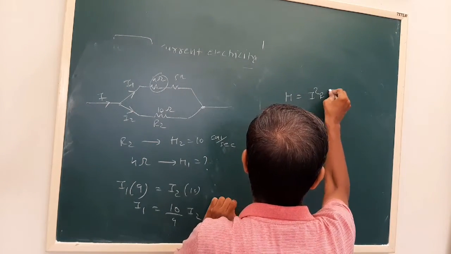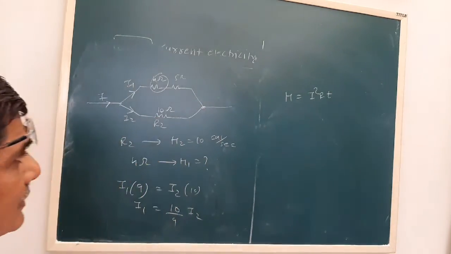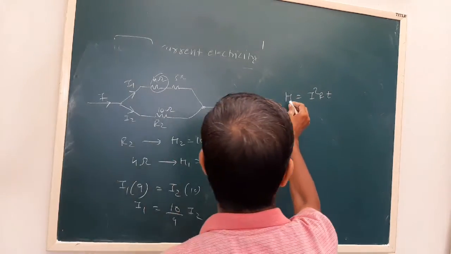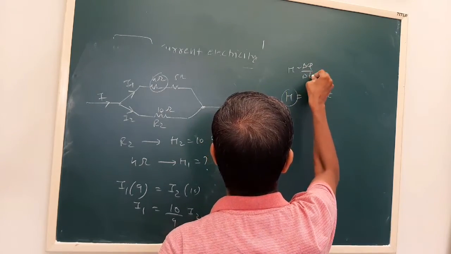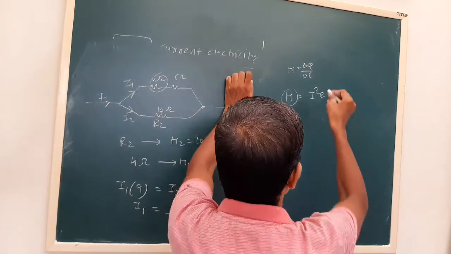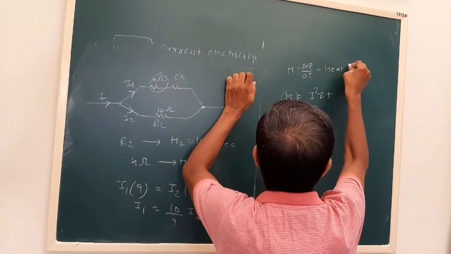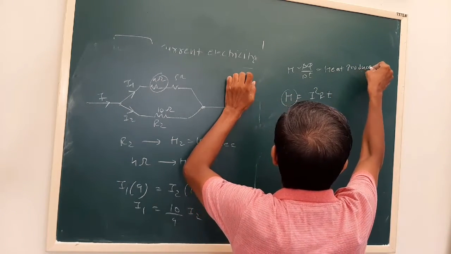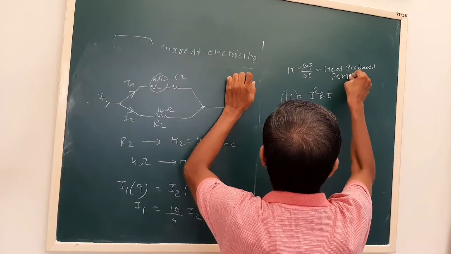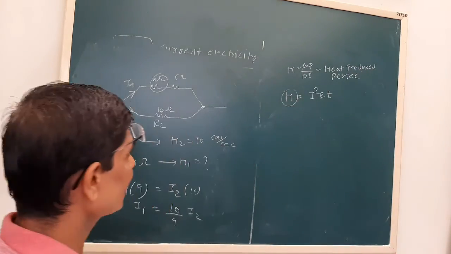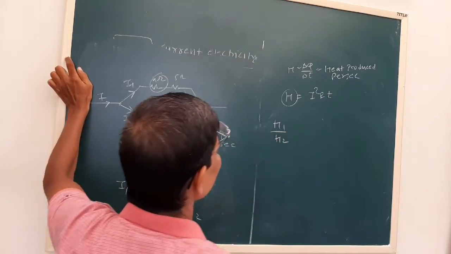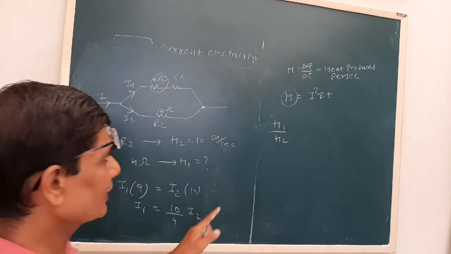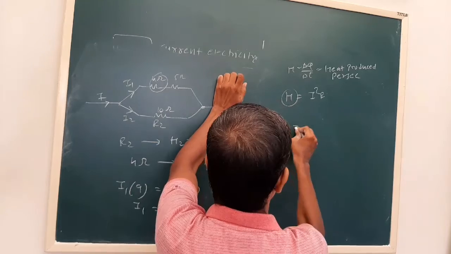H is I square RT. That is heat produced per second. H is nothing but heat produced per second. So H1 upon H2. Time is same, 1 second given. I1 upon I2.